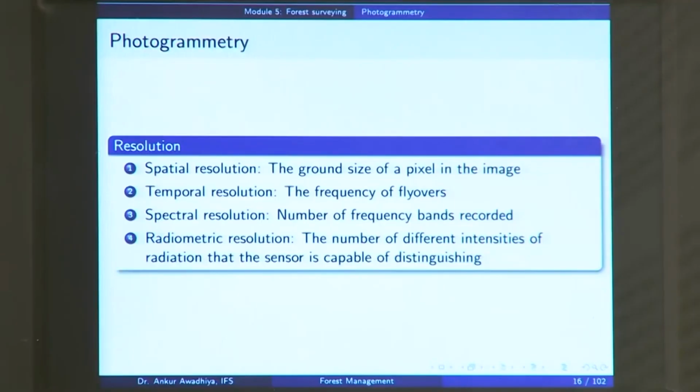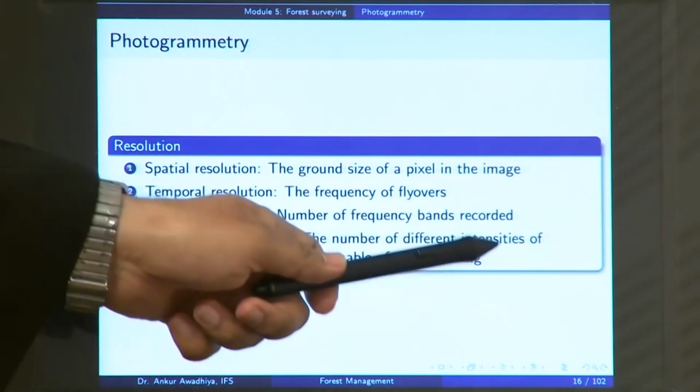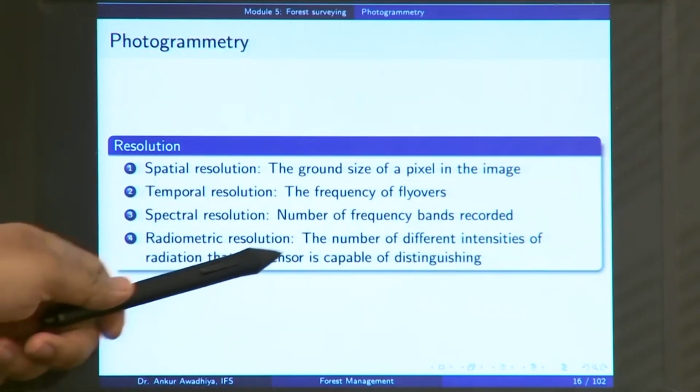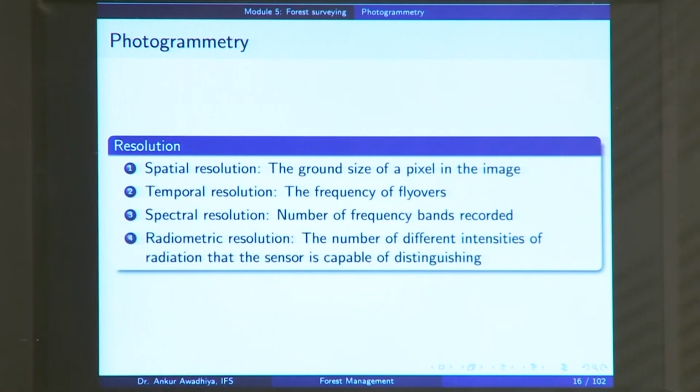So, here what we are saying is: what is the number of bits that are there in your image, how much amount of information is there for each and every band. So, that is the radiometric resolution. The number of different intensities of radiation that the sensor is capable of distinguishing: is it only able to see in a binary fashion, that is black and white, or is it able to see shades of gray.